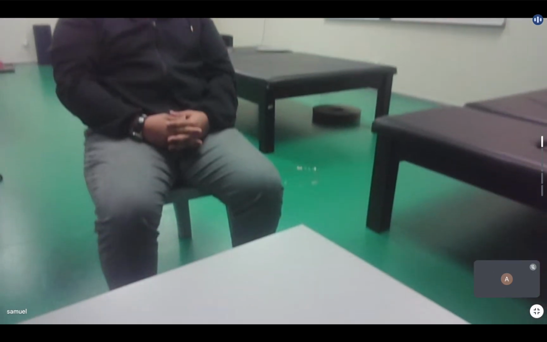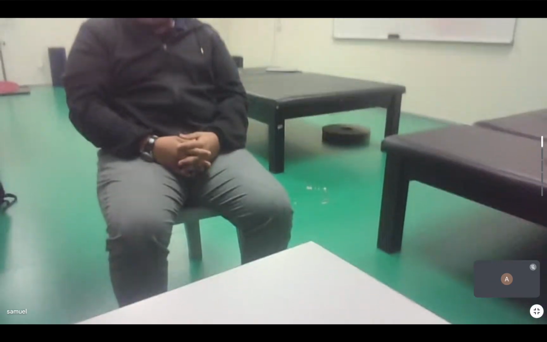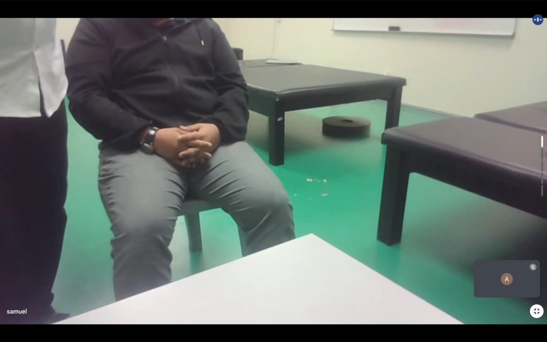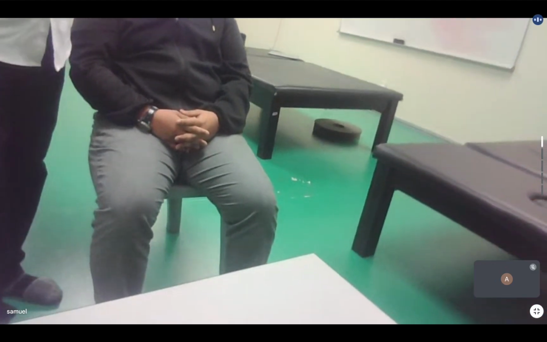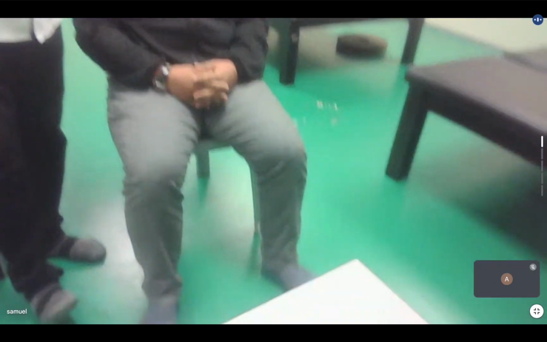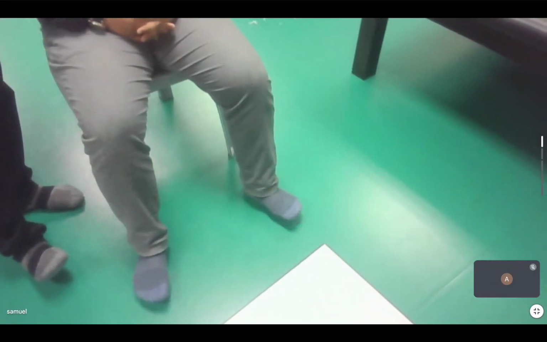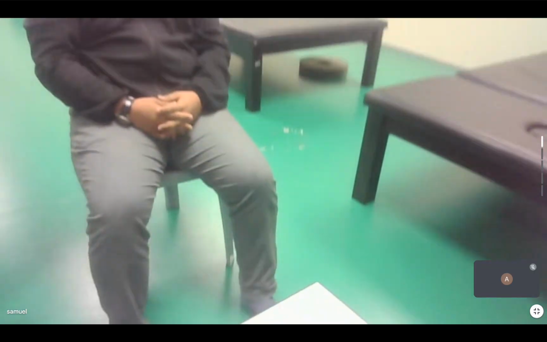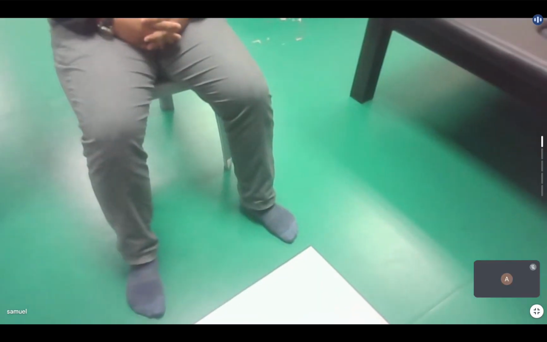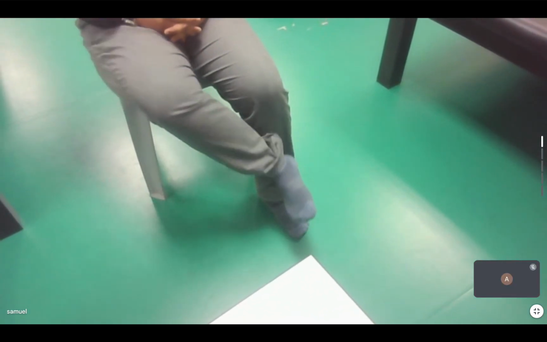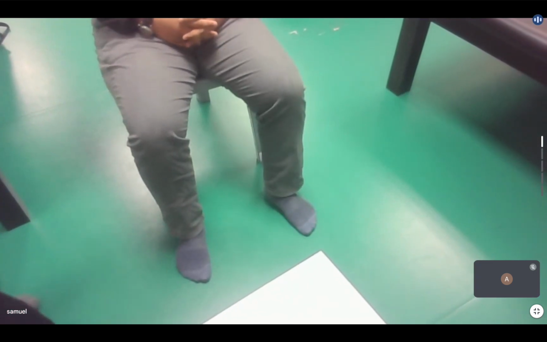Then keep your feet on the floor. Just tap your forefoot up and down. Okay, thank you. Now draw your heel over the shin of the tibia. Then we can also do alternating.